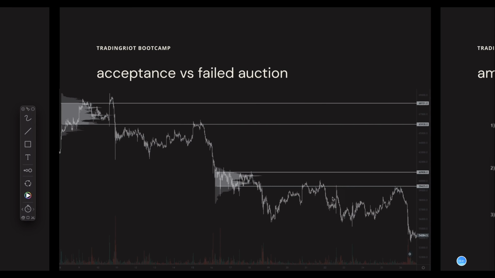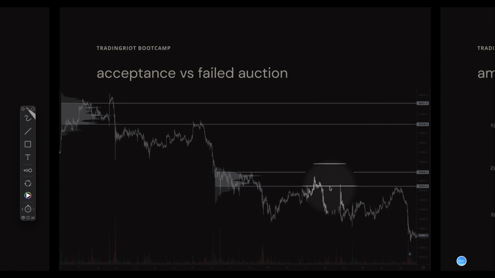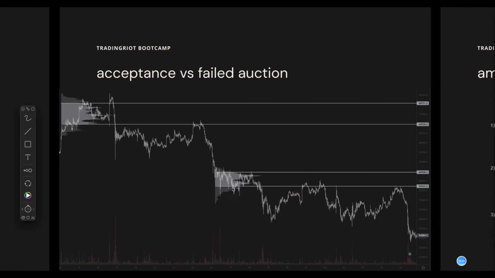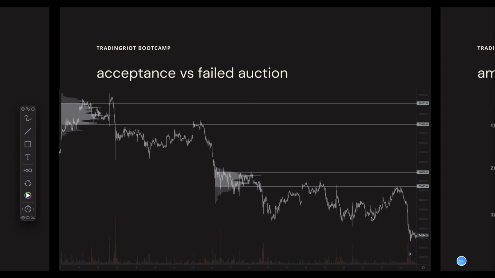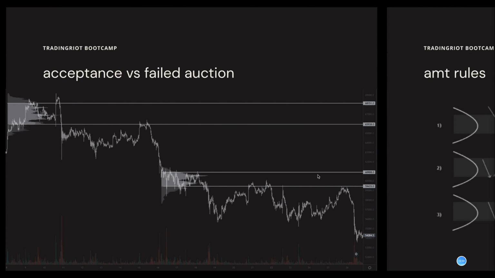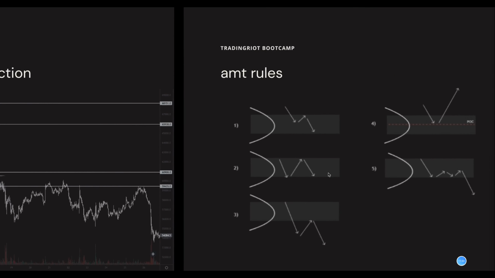The market breaks below and then makes this inefficient move on a high pickup of volume inside the cluster, which sits as this composite value area low, and sells off from here. So this is your good level to trade, and we pay it one more visit and sell off from it again. Okay, so this is about the acceptance and failed auction.